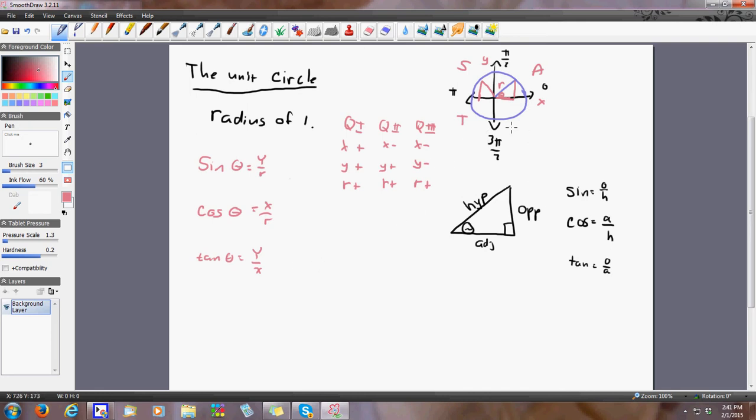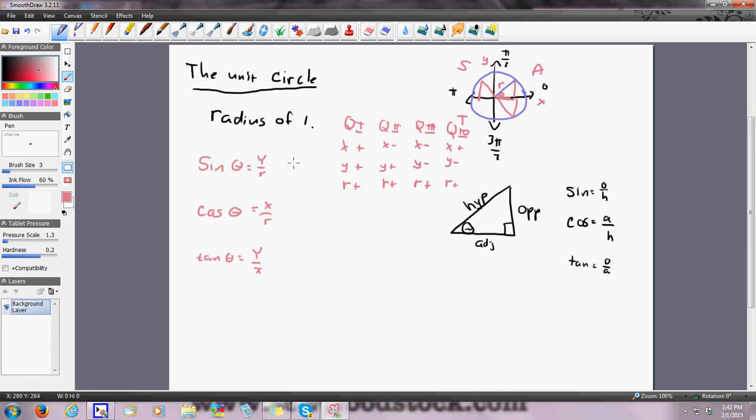In the fourth quadrant, x is positive, y is negative, and r is still positive. So in the fourth quadrant, only cosine is positive. So all students take calculus is the way I remember it.